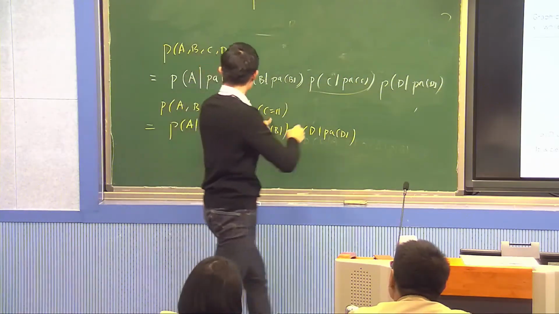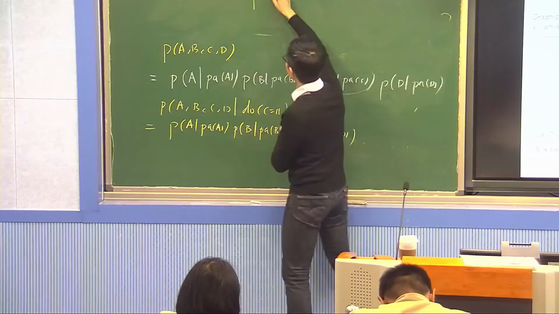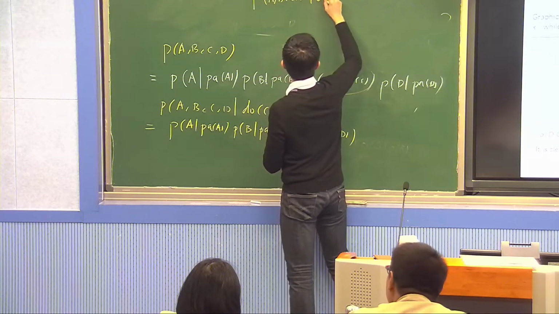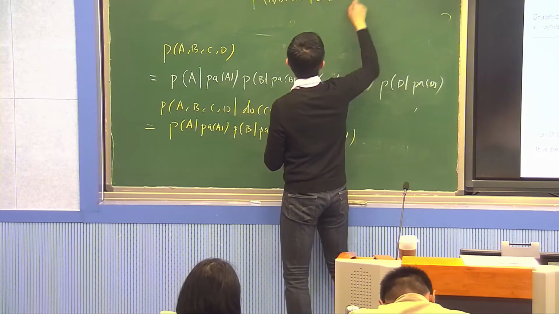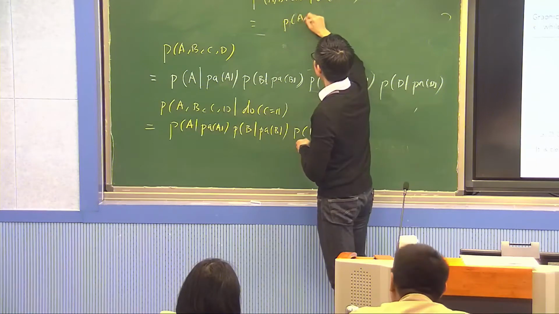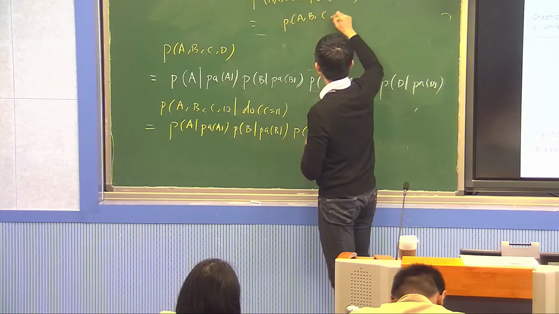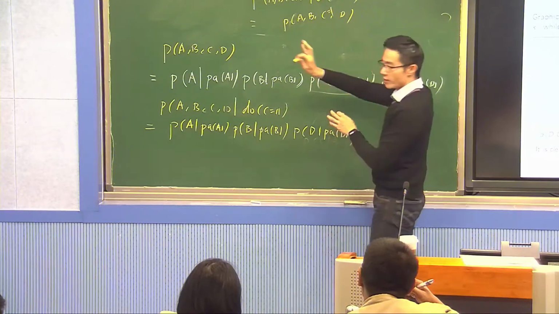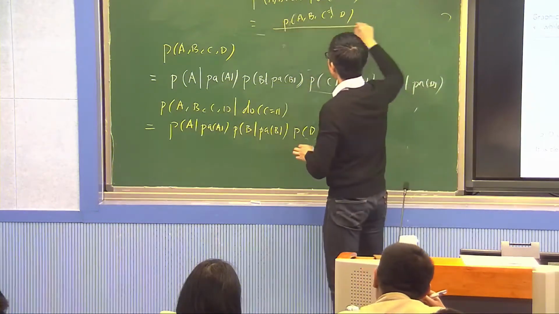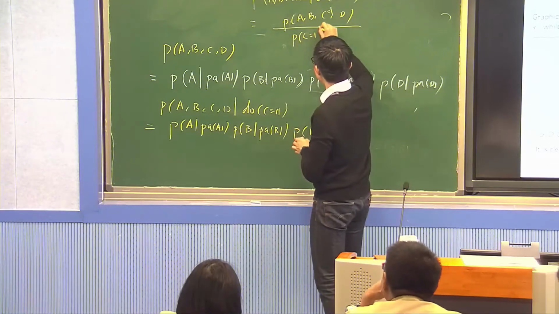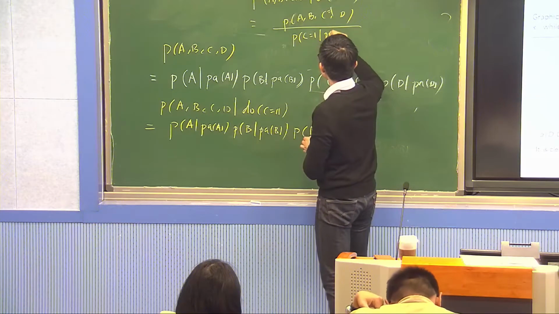Now, there's another way to write it. I can write P(A, B, C, D given do C equal to 1) this way. I can write the original one, P(A, B, C, D), but C now is equal to 1 because I fixed it to 1, divided by P(C = 1 given PA C).